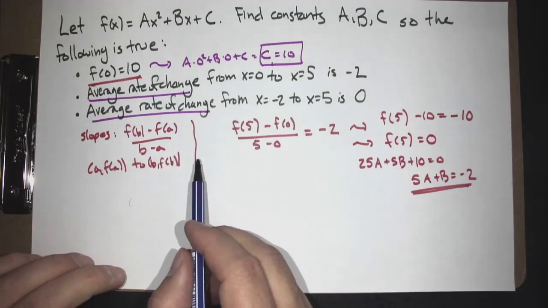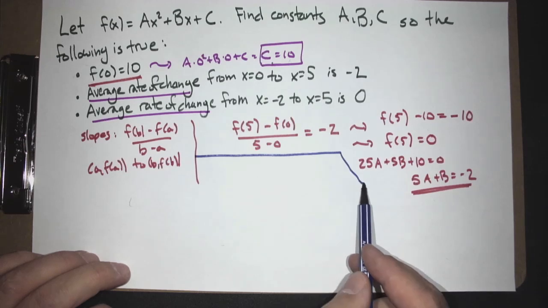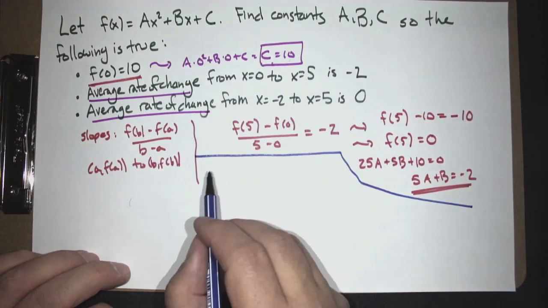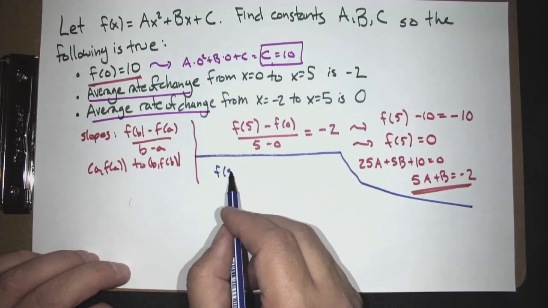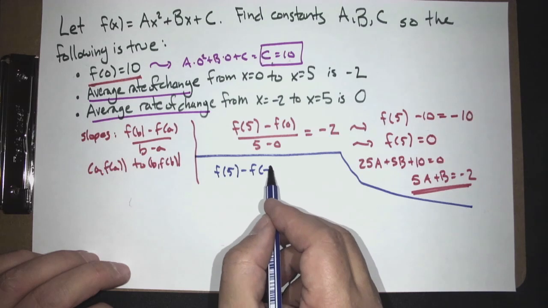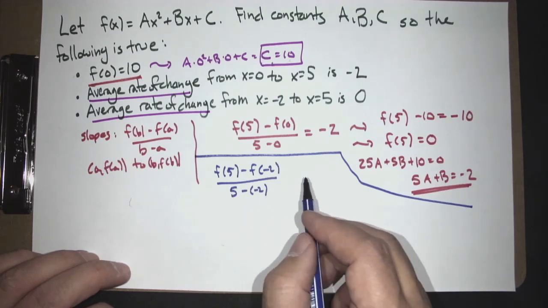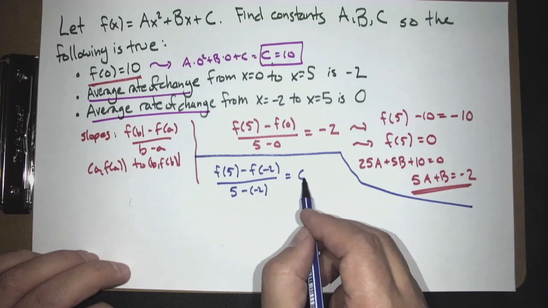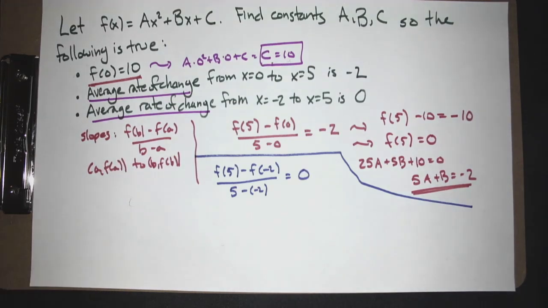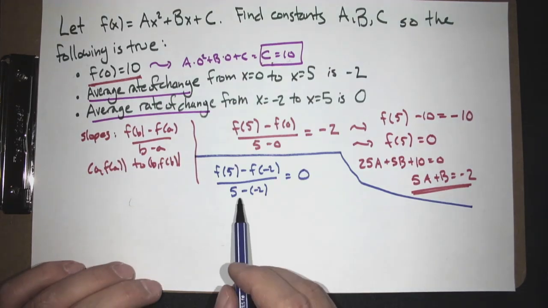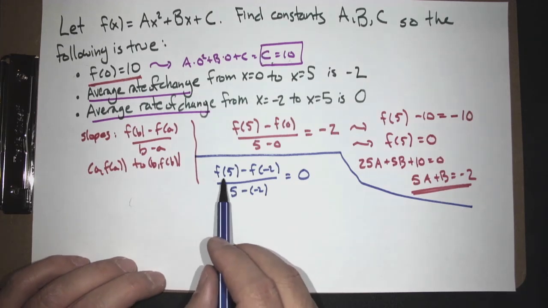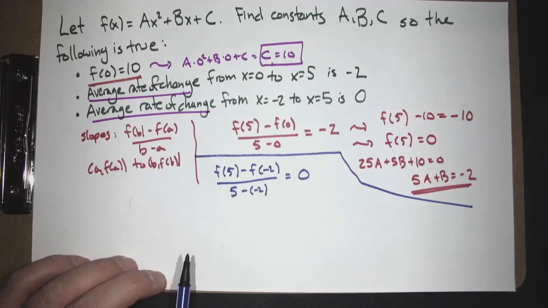So average rate of change from x equals minus 2 to x equals 5. So that would be f of 5 minus f of minus 2 divided by 5 subtract minus 2 equals 0. Well, that tells us what about f of 5 versus f of minus 2?